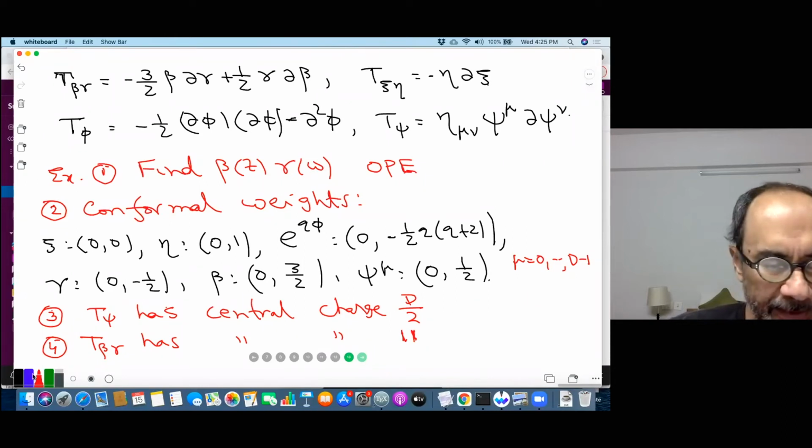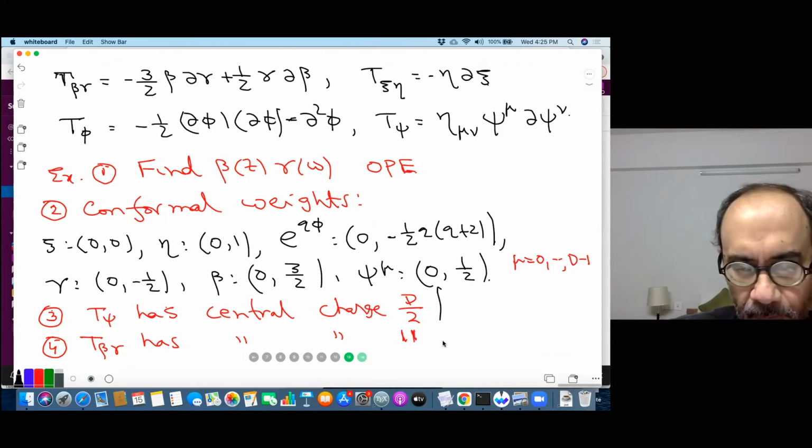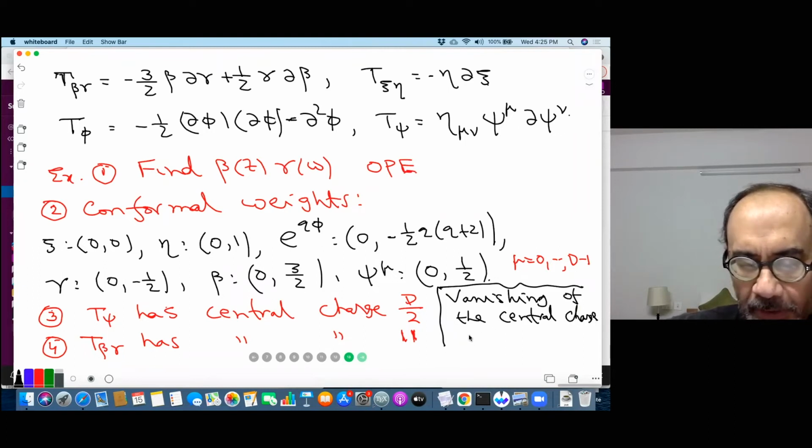Now let's see what the vanishing of the central charge tells us. What is the total central charge?